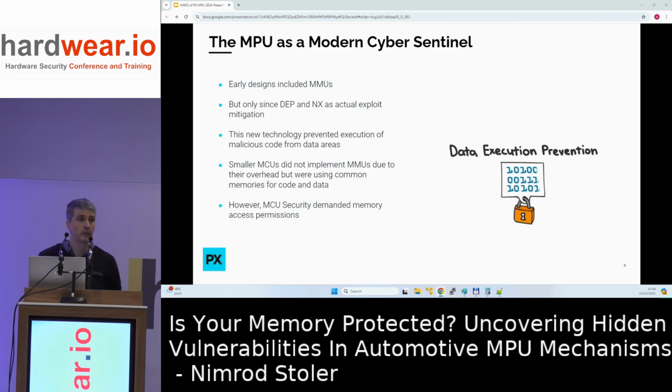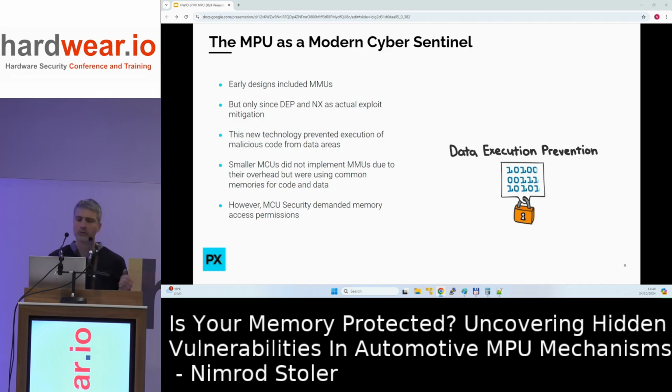But it wasn't until 2004, with the introduction of data execution prevention, DEP, in Windows XP, and the no-execute bit, NX, in the Linux kernel, that MMUs were used as an actual exploit mitigation to prevent execution of injected code from memories designated as data areas.